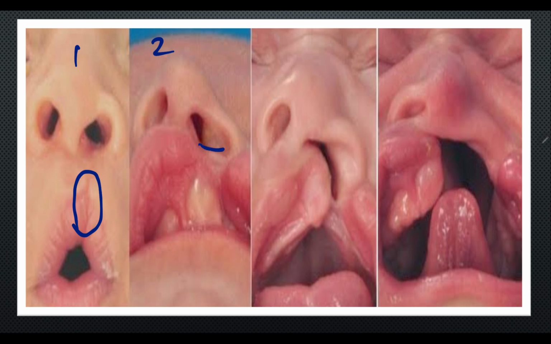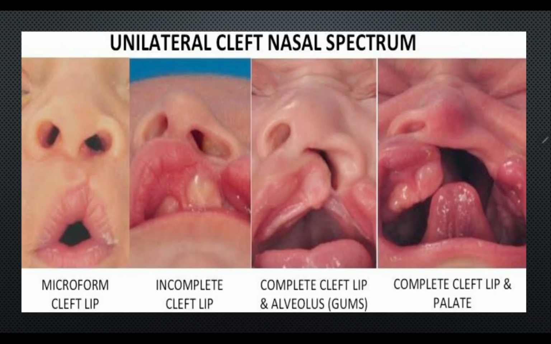There is no involvement of the nasal cavity. So this is an incomplete unilateral cleft lip. In the third picture, there is involvement of the nostril, and thereby it is a unilateral complete cleft lip. In the fourth picture, there is involvement of the lip and also the palate, and thereby it is a complete unilateral cleft lip and palate.